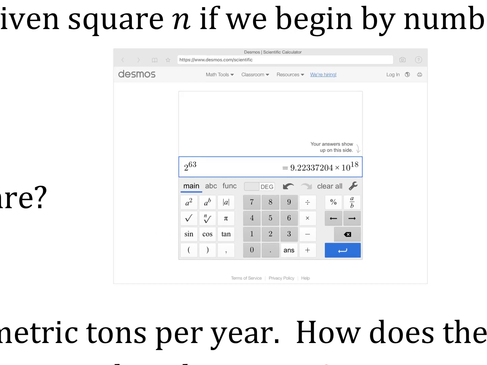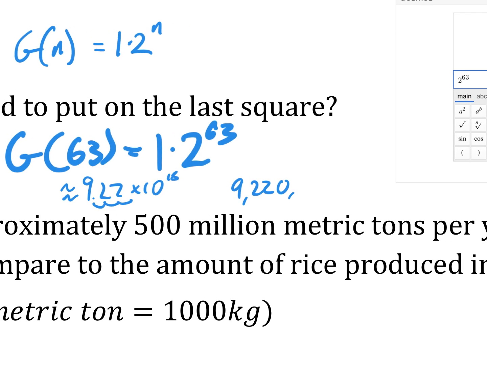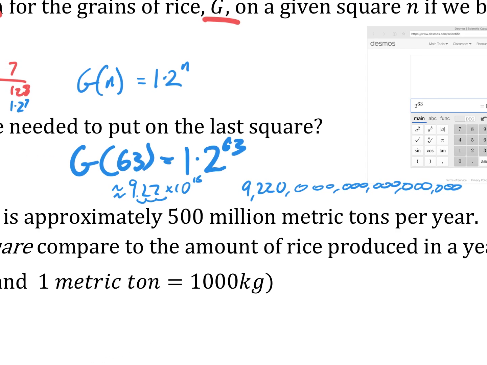This is approximately 9.22 times 10 to the 18th, which means we're going to move this decimal point 18 times, and we'd have 922 and a whole lot of digits. Now that's an approximation, okay? I think I need 3 more here. All right, now I round it off. So that's approximately that many grains of rice.